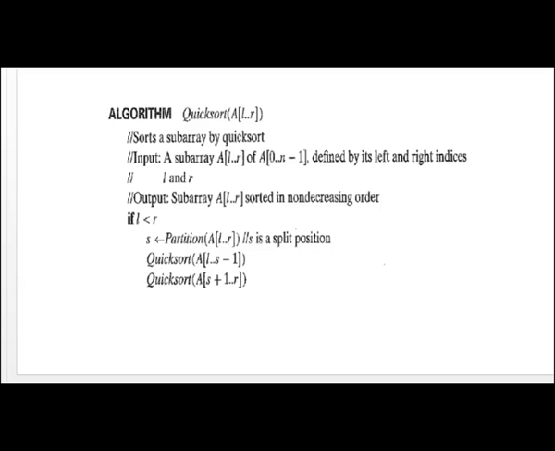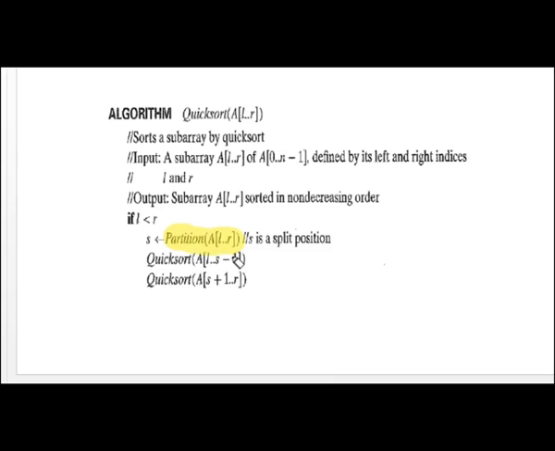The quicksort function will take an array as an input, and it will decide where we have to partition, and that is achieved by one more function, that is partition. We have the partition function inside quicksort, and this function will help us decide where we need to perform the split.